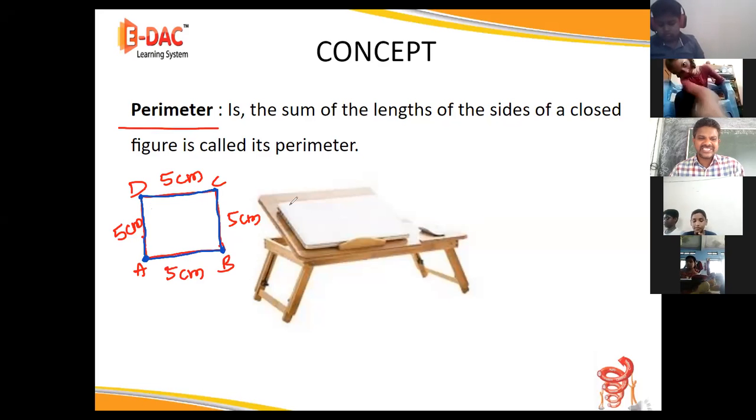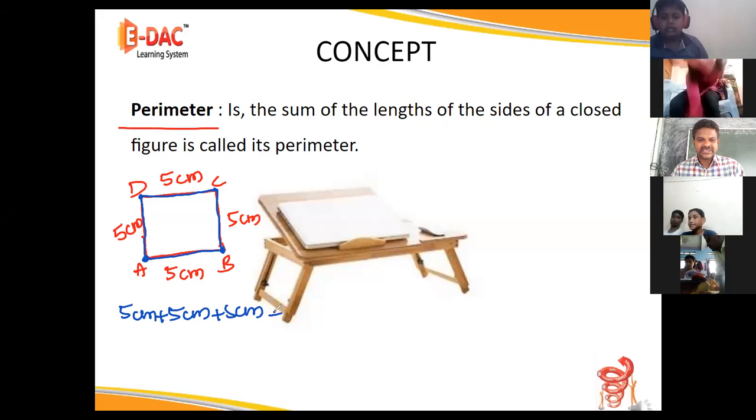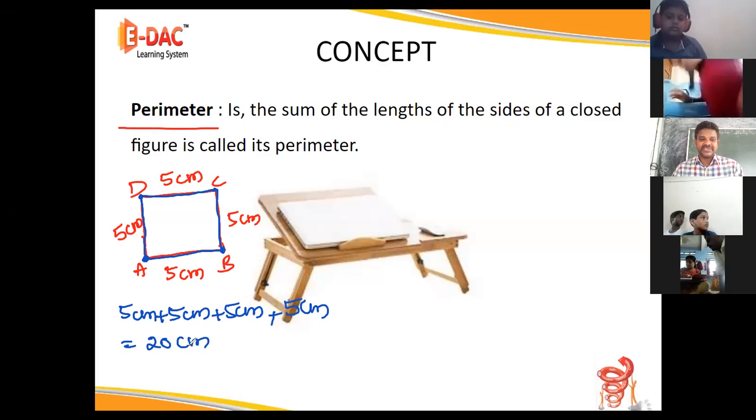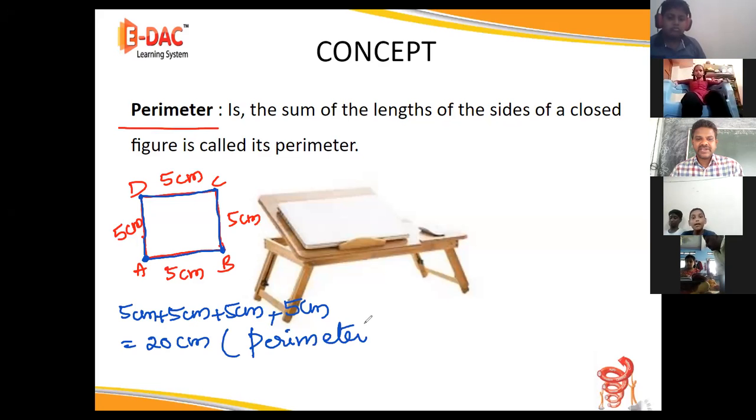Together how much distance did he cover? If I ask, your answer will be 5 centimeters plus 5 plus 5 plus 5. Together we get 20 centimeters. This is called perimeter.